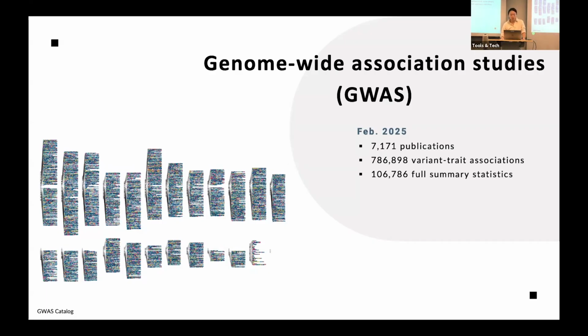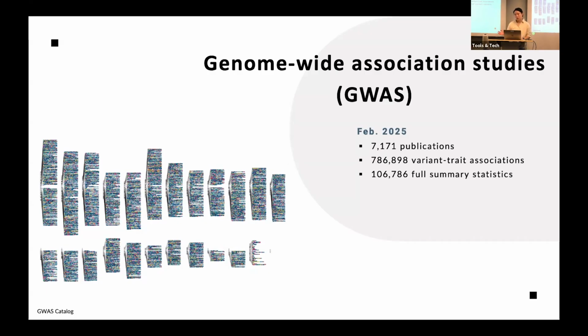GWAS have been around for about 2 decades now, and as of February of this year, there were about 7,000 publications, over 780,000 variant-trait associations identified, as well as over 106,000 summary statistics available if we were to look at the GWAS catalog.